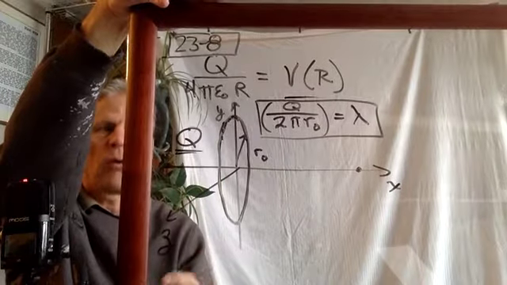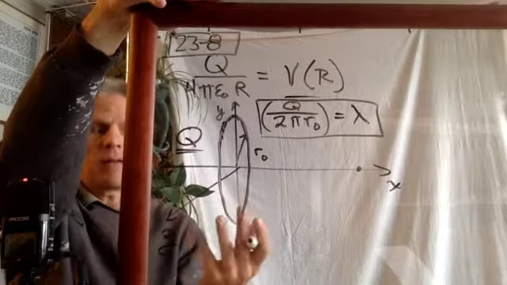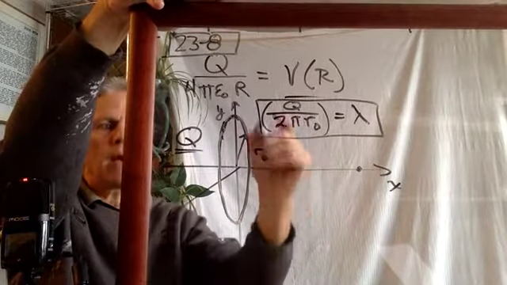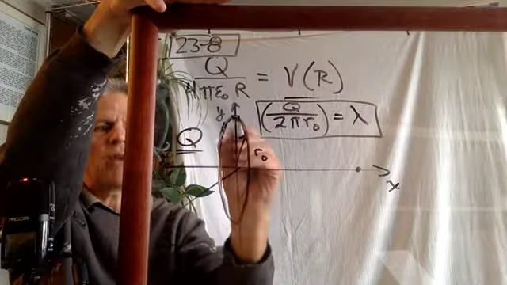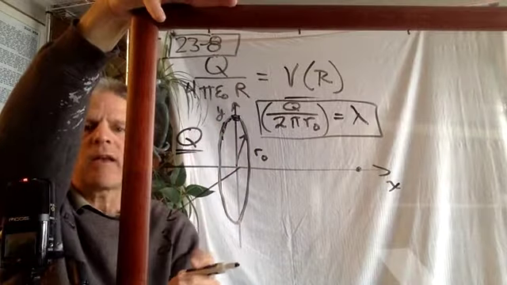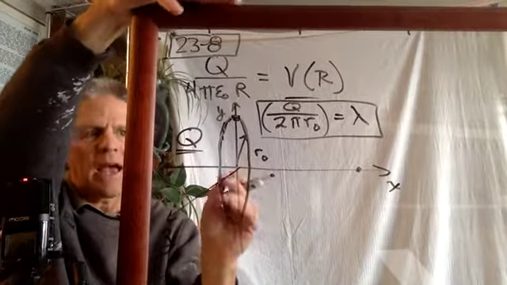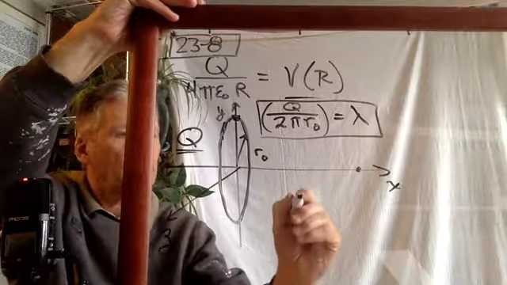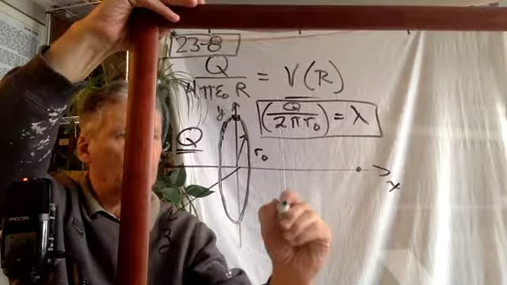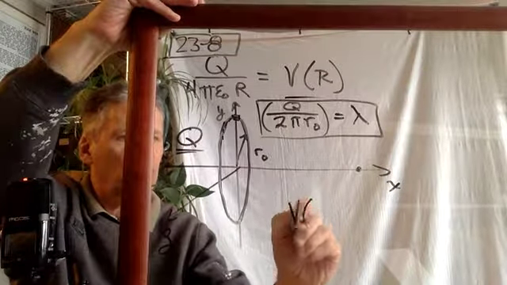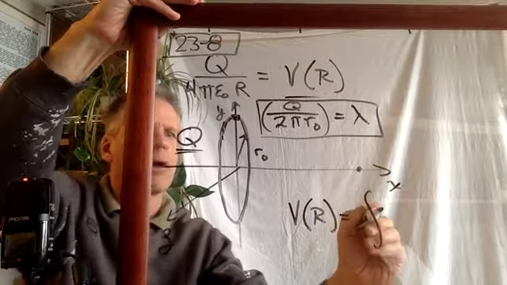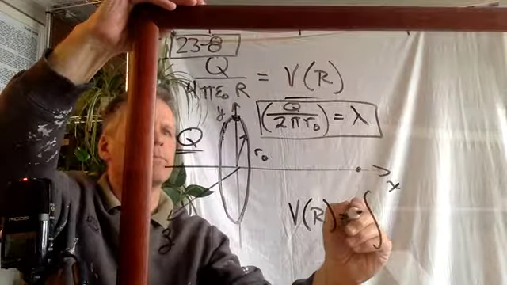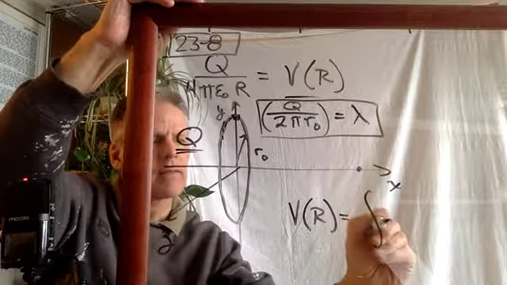Of course, you know that the way we do this easily is by using the tools of calculus. So instead of looking at finite bits of charge and trying to add them up, we take an infinitesimally small bit of charge and add that together. So our total potential at point R is going to equal the integral of dV.